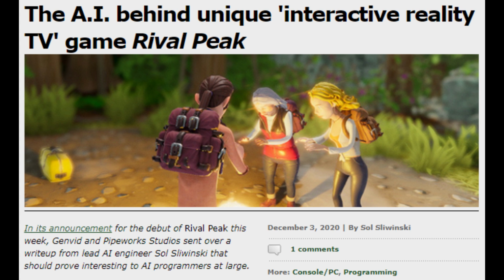The goals that an AI character might try to achieve in Rival Peak are numerous. At a high level, they include nourishment, hydration, warmth, exploring, clearing obstacles, gathering food and resources, and many more. Dozens of possible actions are available to a character to fulfill each personal or communal goal.